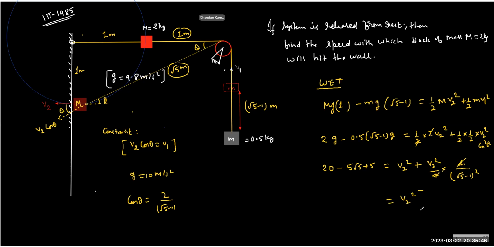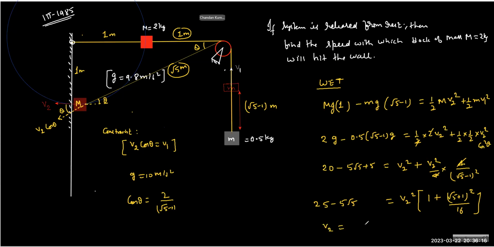So V2 square you can write as 1 plus root 5 whole square upon root 5 plus 1 times root 5 minus 1, which is 5 minus 1, 4 into 16. And this will become 25 minus 5 root 5. So very bad calculation for whatever reason, but this is the answer.